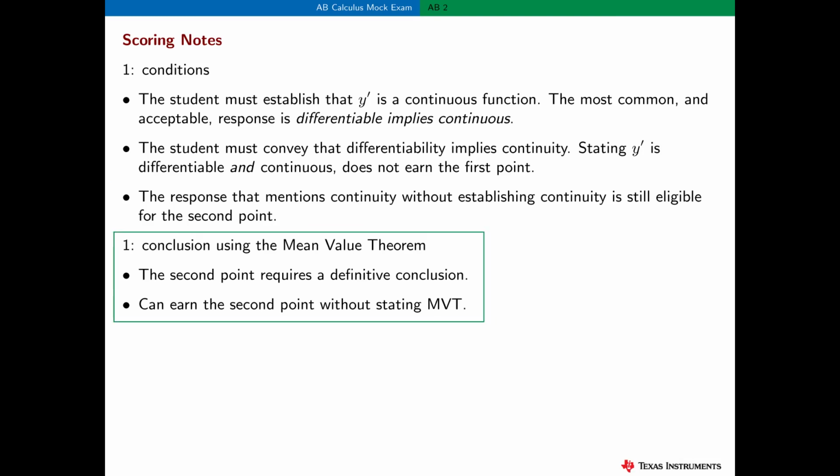And finally, the second point also requires a definitive conclusion. For example, "therefore there are 2 such values." And it's certainly possible for the student to earn this point without explicitly citing the mean value theorem. They can indicate the appropriate conditions and then present the correct quotients and then say, therefore, there are two such values.